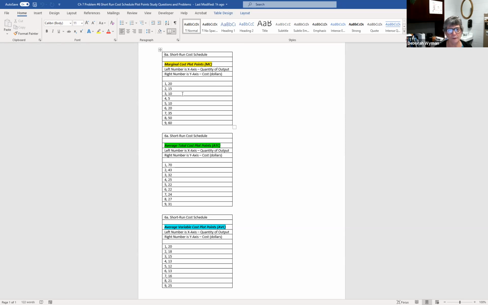So the vertical axis would be the second number, right? So you have 1 through 9 on your X, which is your horizontal line, and the other numbers are on the vertical y-axis.